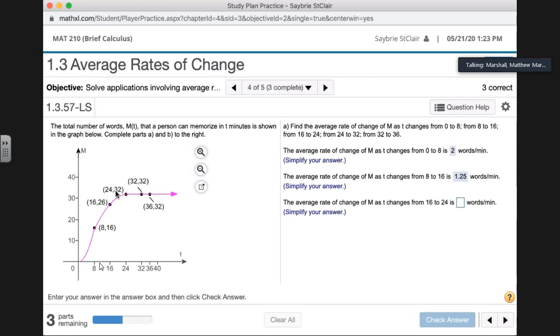So 32 minus 26 is 6. 24 minus 16 is 8. So 6 over 8, 0.75.